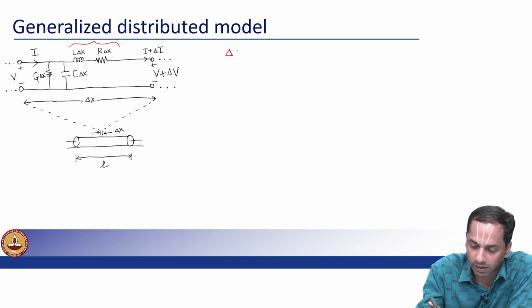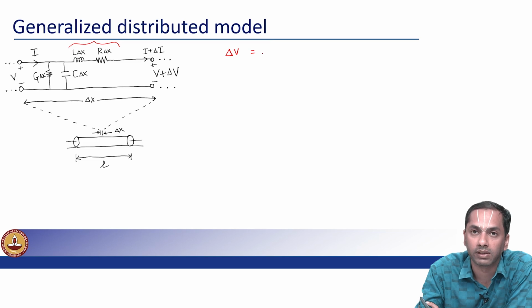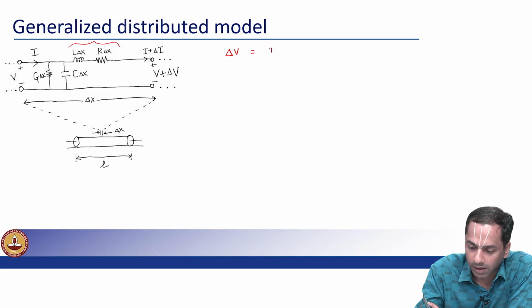We can always go back to saying that delta V, which is the potential difference, should be I times the impedance, which is R delta x plus j omega L delta x.